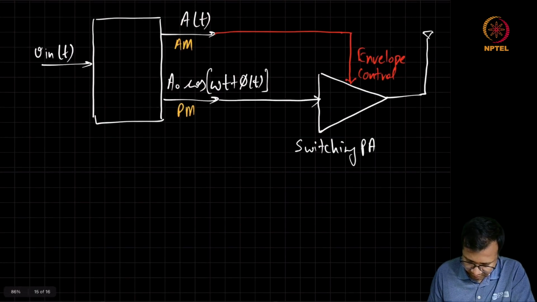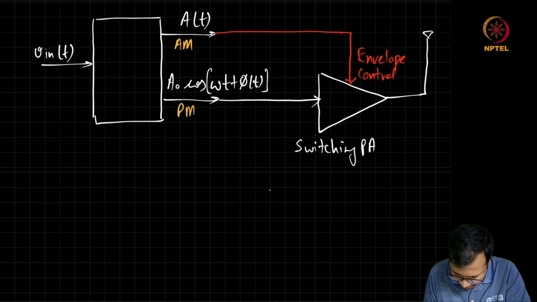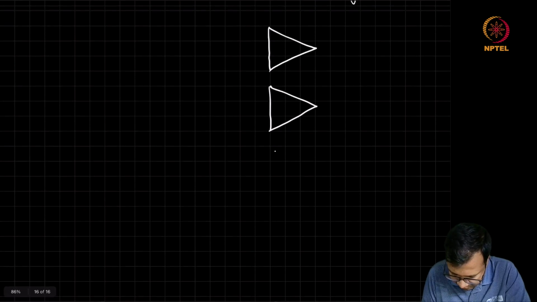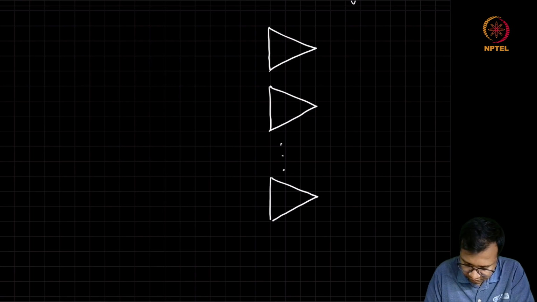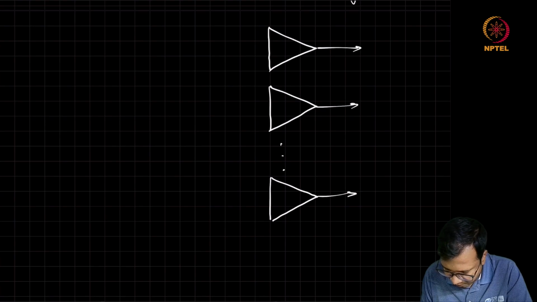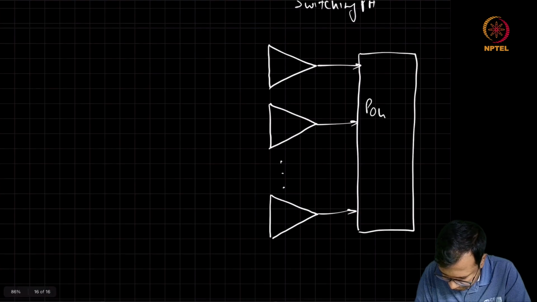So what we can do is have multiple units of the switching PA. Finally, we can add the power like that.